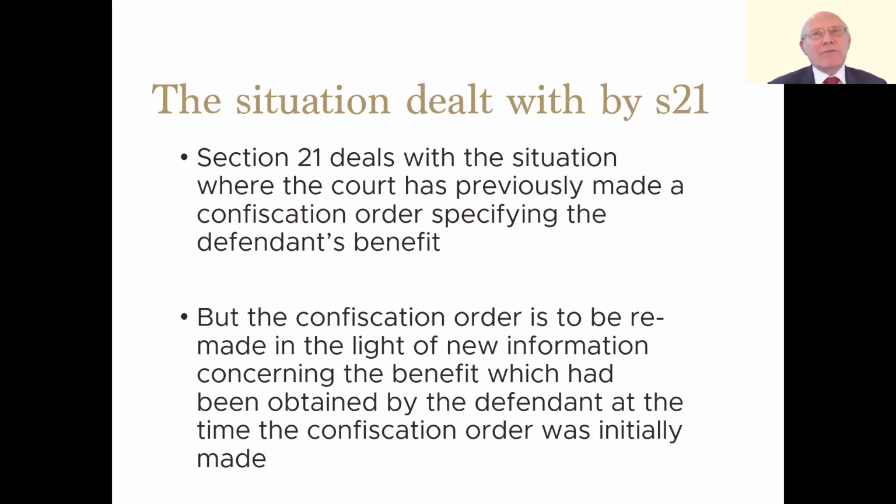So we've now got new information, perhaps a new bank account has come to light, or perhaps he's had Bitcoin that we didn't know about. That information should have been dealt with at the time in the original confiscation proceedings, but it wasn't known to the prosecutor at that time. He's now found out about it, and he wants to go back and recalculate the defendant's benefit at the time the confiscation order was made.